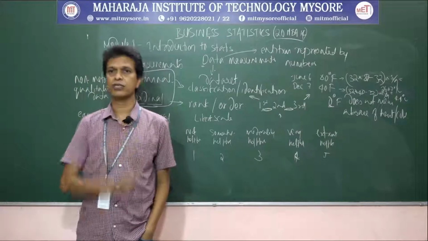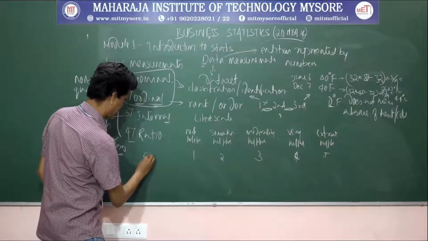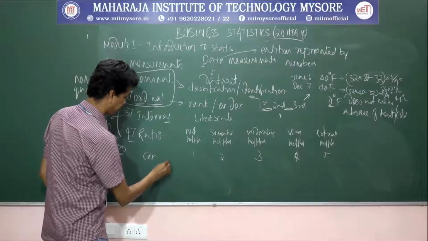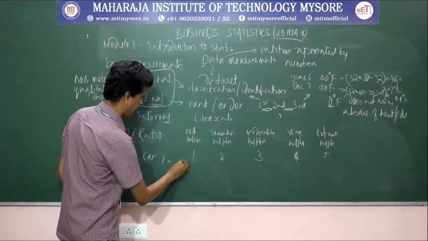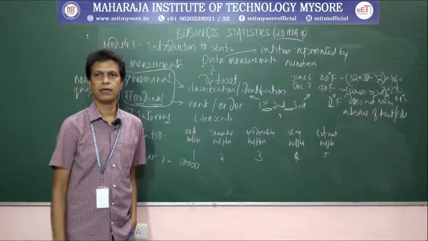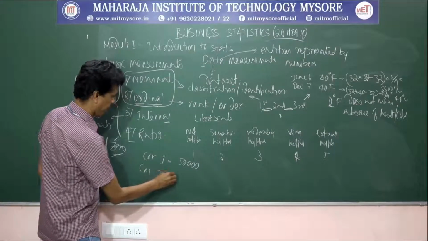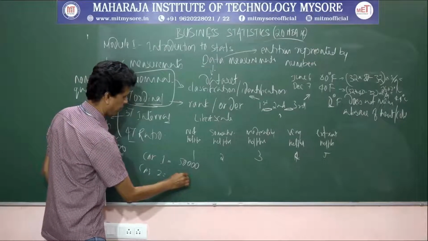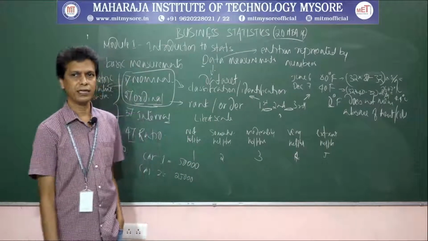In addition to this, let us compare car 1, which costs around 50,000 rupees, and car 2, which costs around 25,000 rupees, for example. It is a hypothetical example.